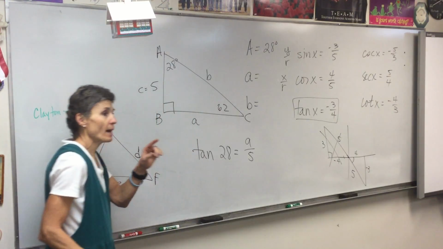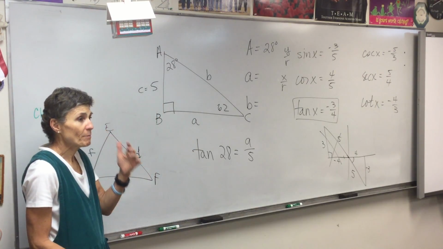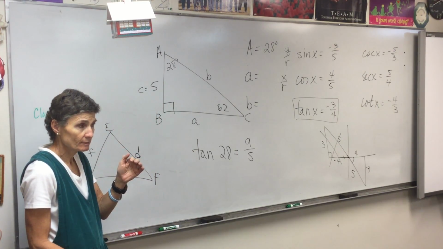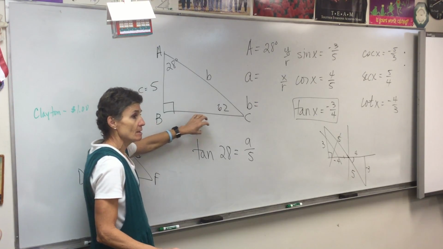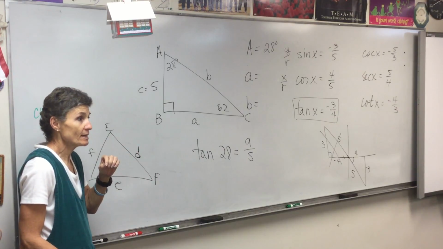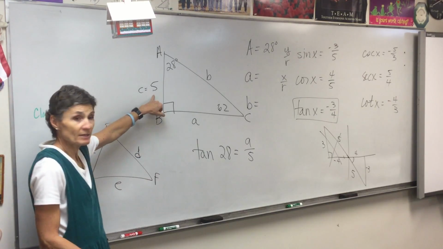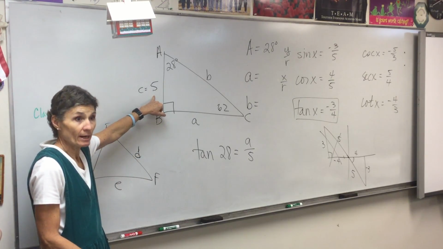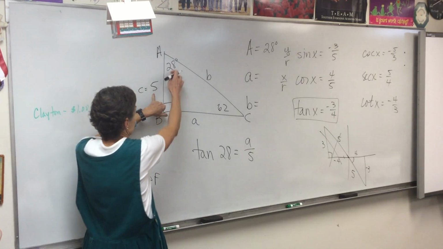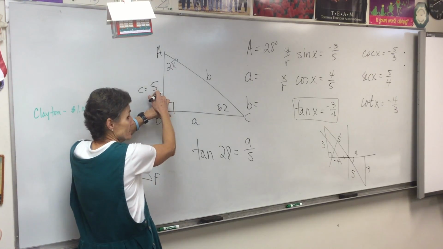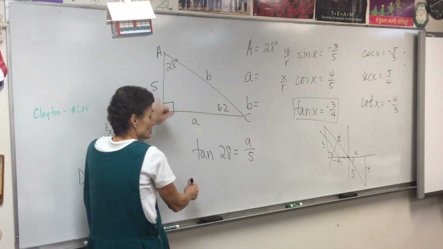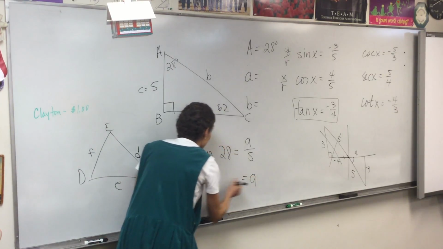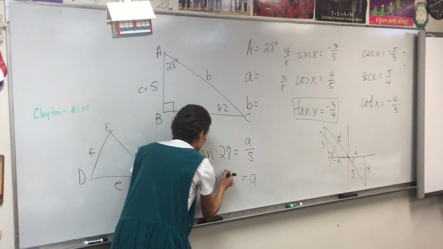Now, let's talk about why she picked tangent. If we had decided we were finding angle A, do you see why she picked tangent? Yes. Because she had this side, which is the adjacent side for 28, and this is the opposite side. So she said, I'm going to use tangent. Very good. So A is 5 tan 28.